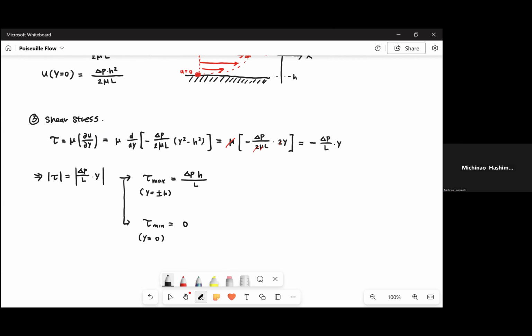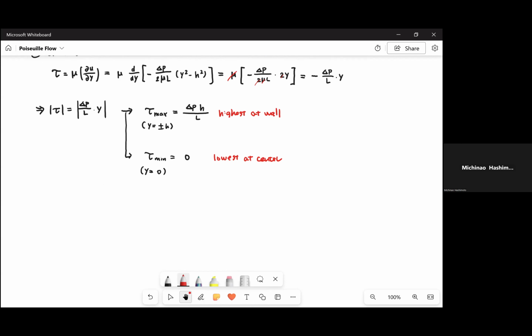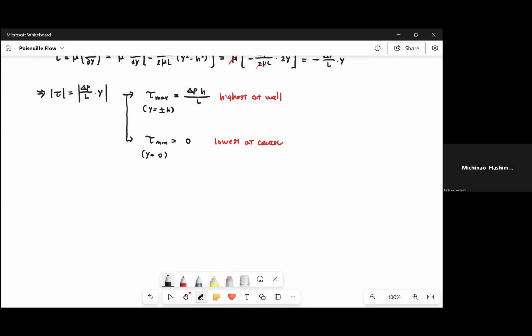So the shear stress is the highest at the wall and lowest at the center. This really agrees with what we have discussed previously. So if I just write this.